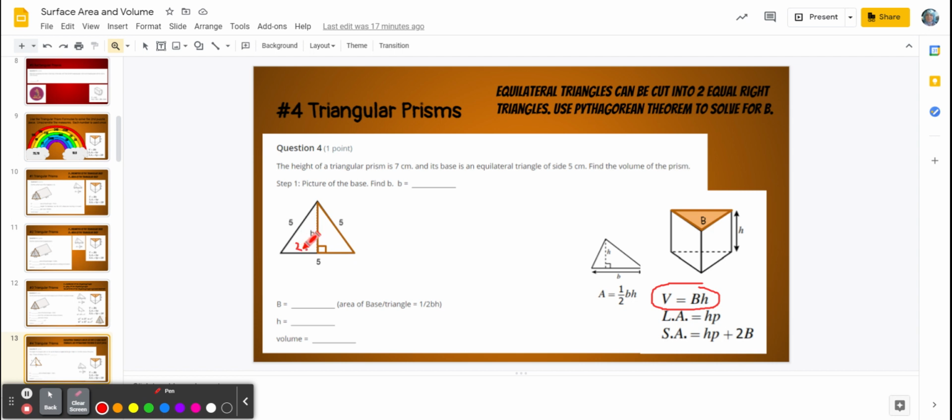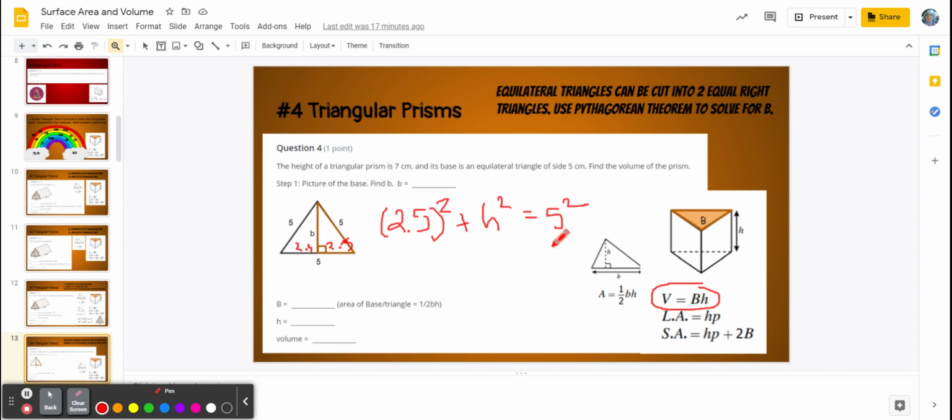That means the left side is 2.5 and the right side is also 2.5. So I've got to use the Pythagorean theorem to find the height. 2.5 squared plus the height squared equals 5 squared, because I've got this right triangle. When you solve that, 25 minus 2.5 squared, I get 18.75.